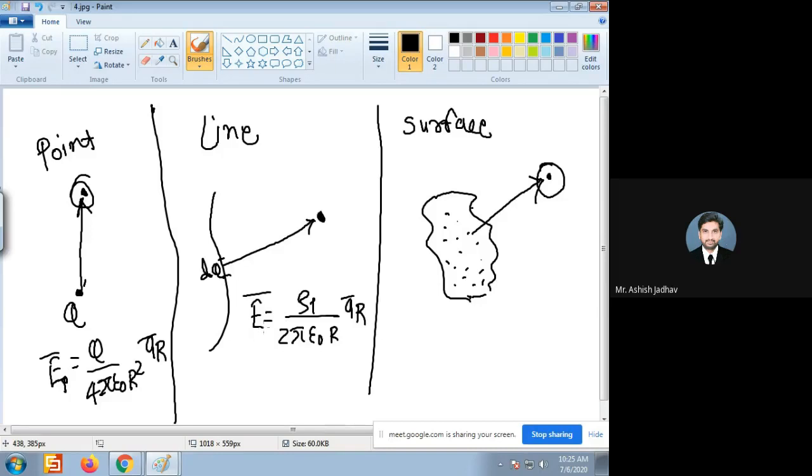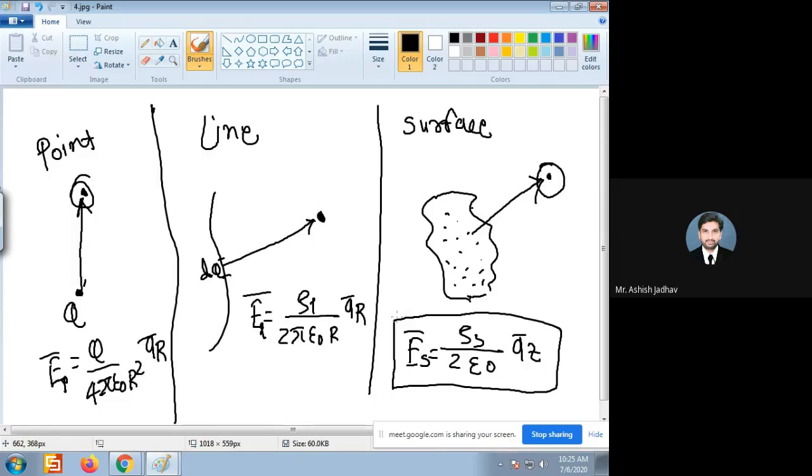This is electric field intensity due to line charge, so this is EL. And today we have derived electric field intensity because of surface charge, so this is ES. ES bar is equal to rho S upon 2 epsilon naught A bar Z. The unit would be the same, volts per meter. Understood? So this is EP, this is EL, and this is ES: point charge, line charge, and surface charge.